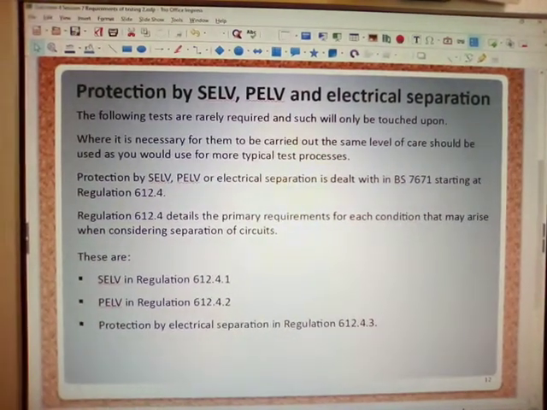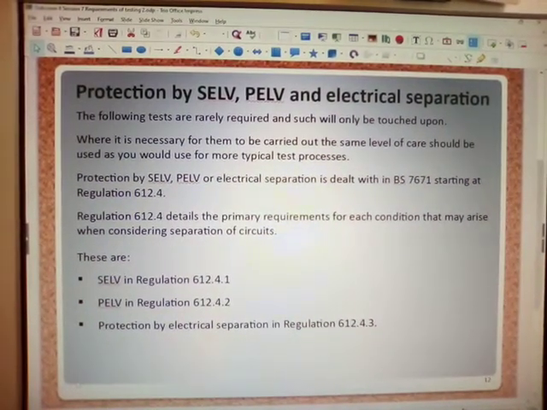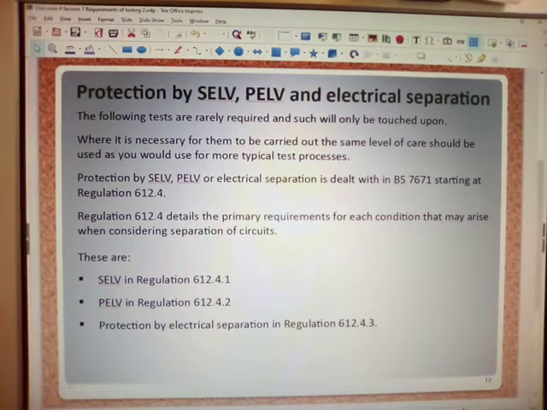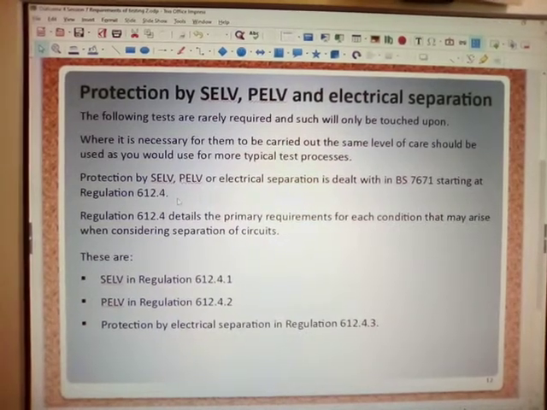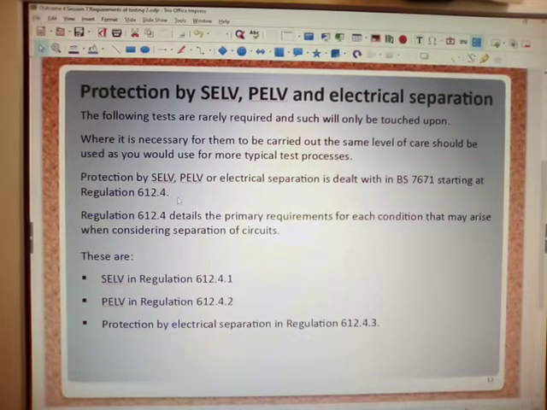I can't be telling you everything. And again, make sure that these regulations are concurrent with your current IET regulations for the electrical industry.